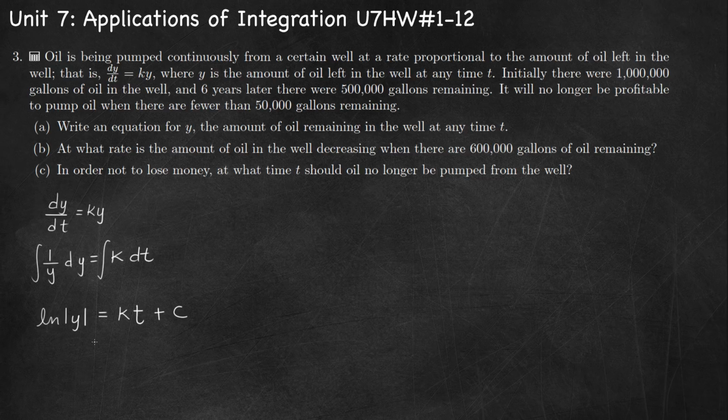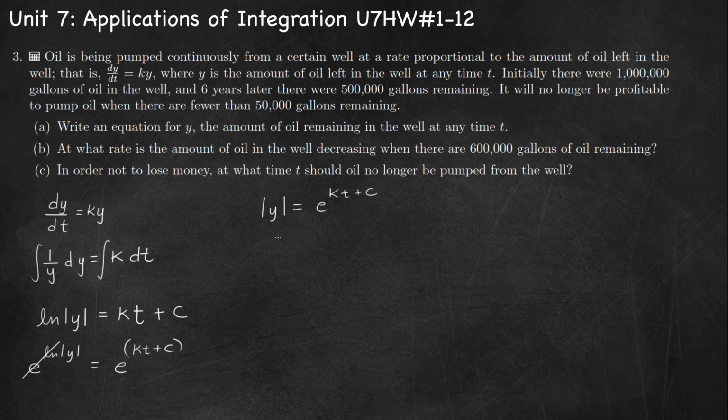So the next thing I'm going to do is exponentiate both sides. That means I'm going to take e raised to the left-hand side equals e raised to the right-hand side. And then I can simplify. E to the ln absolute value y is just absolute value y equals e to the kt plus c.